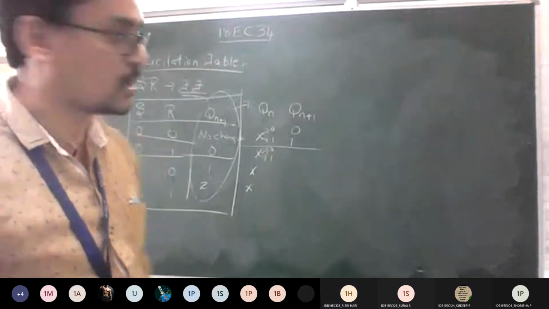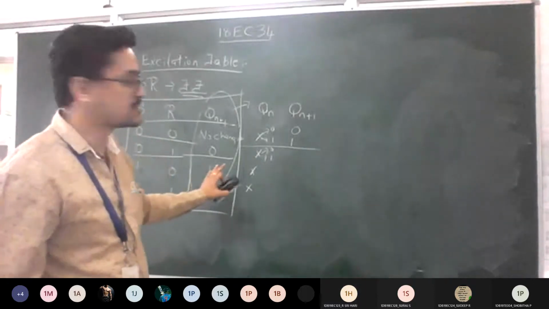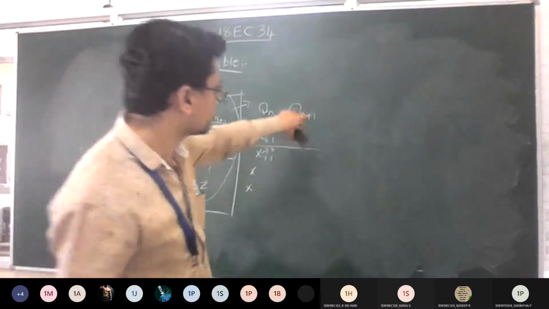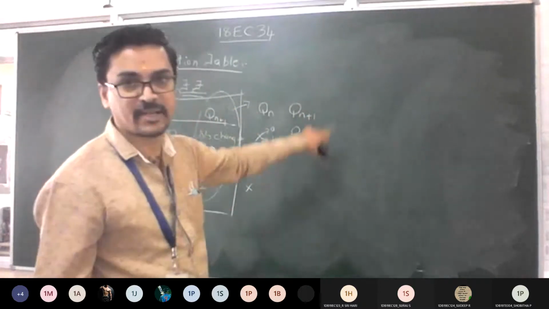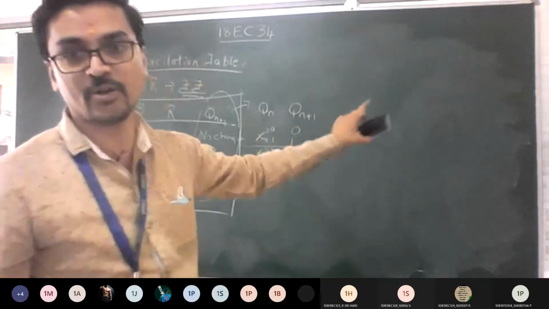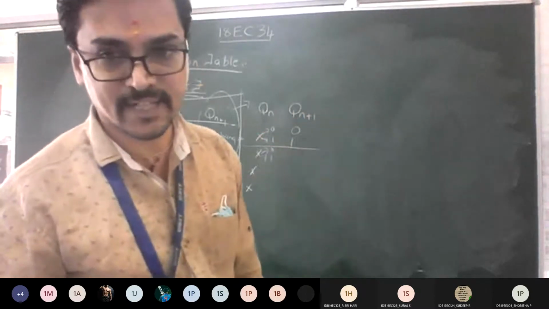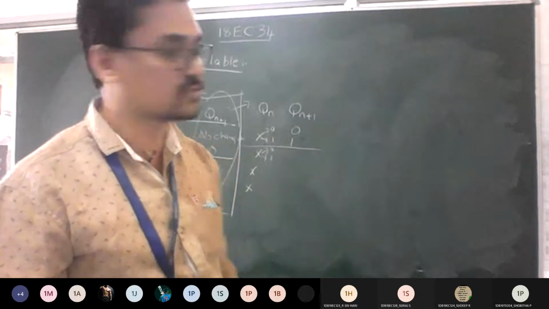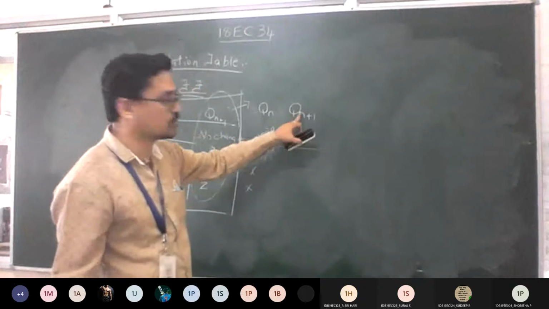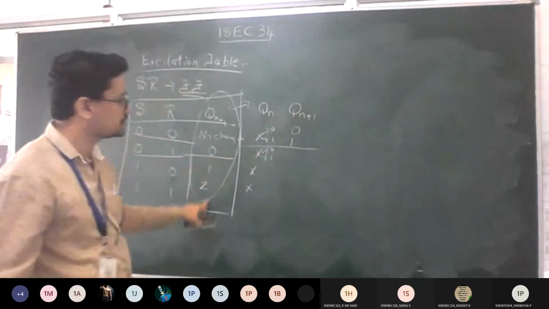Okay. So now what I am trying to tell is how to plot any excitation table. This logic is not explained anywhere. Based on this logic only, you are going to build an excitation table. So now you got this output. This Qn is nothing but this.